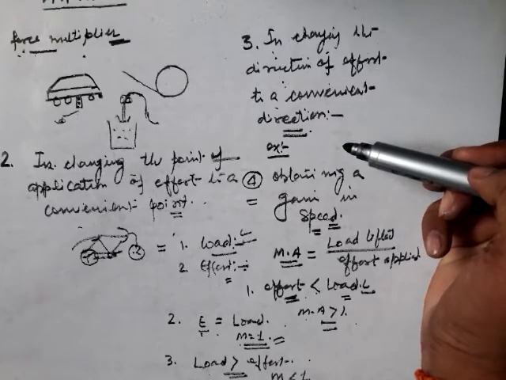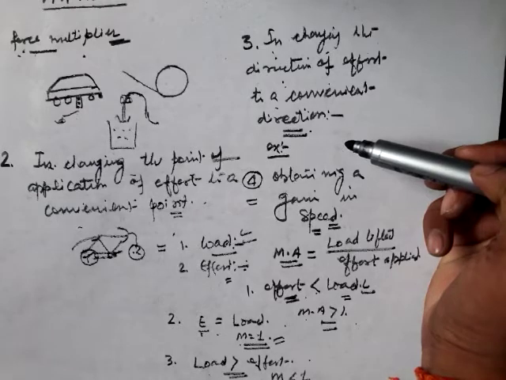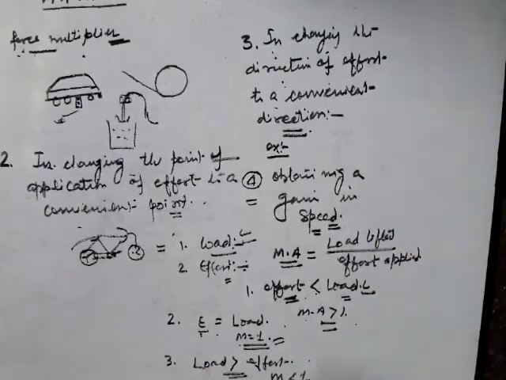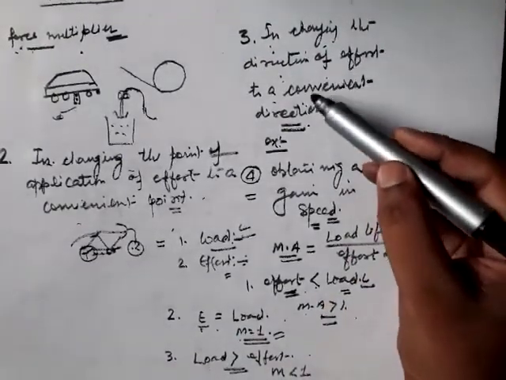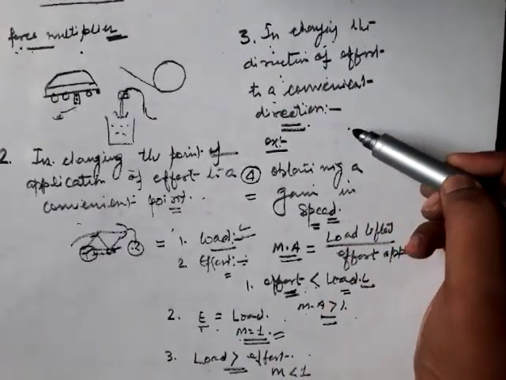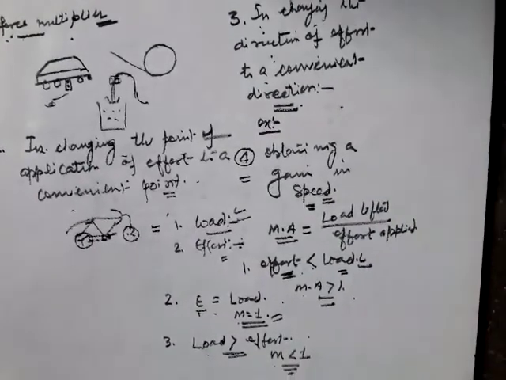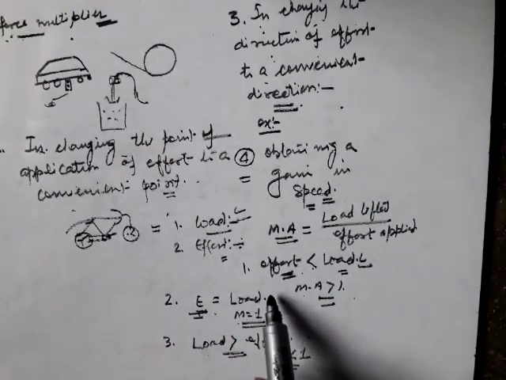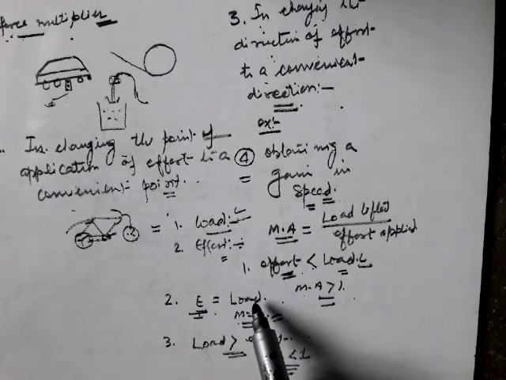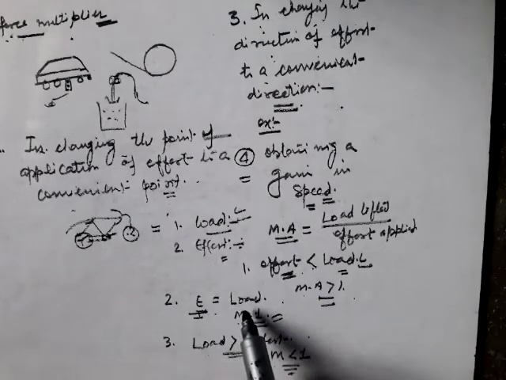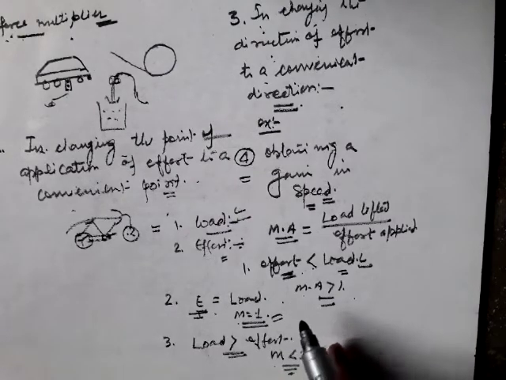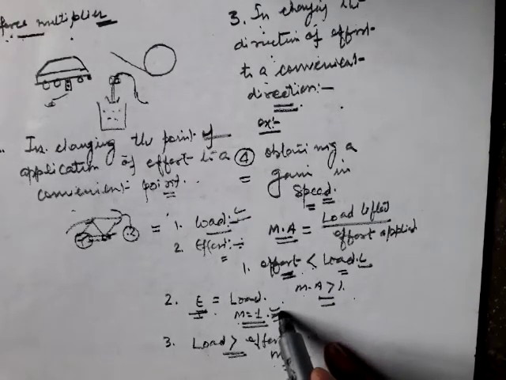A single fixed pulley is helpful in lifting a bucket full of water from the well. In that case, the effort is helpful only in changing the direction from upward to downward. Whatever effort we are giving, that much load is lifted from the well in the form of a bucket full of water. So in this case mechanical advantage will be 1.